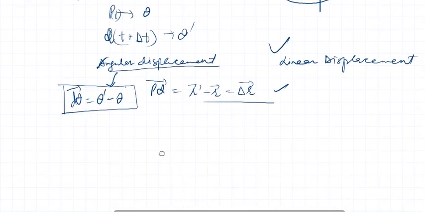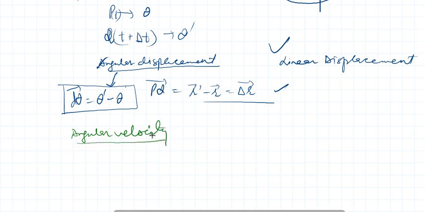Now, the angle is changing with time. So when something is changing with time, what does that mean? That means there is a velocity. So if the angle is changing, we have to talk about angular velocity. How do we define it? It is the change in angular displacement with time.